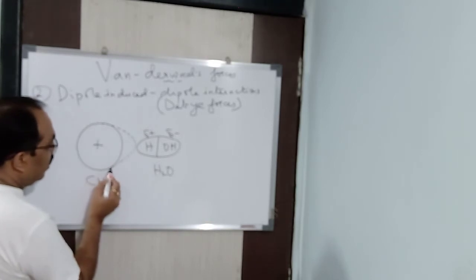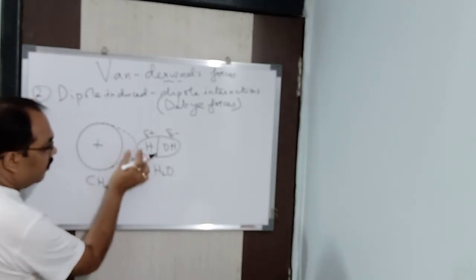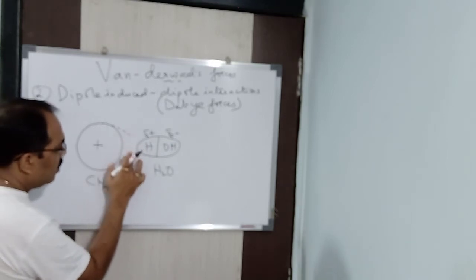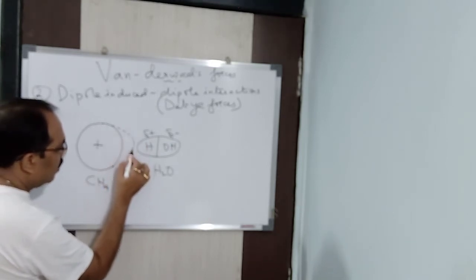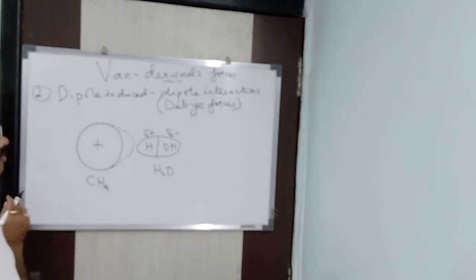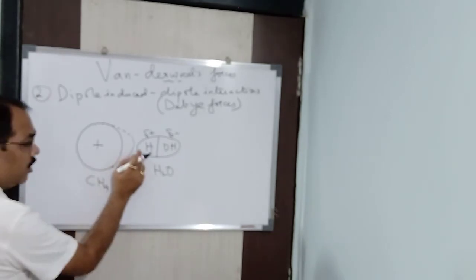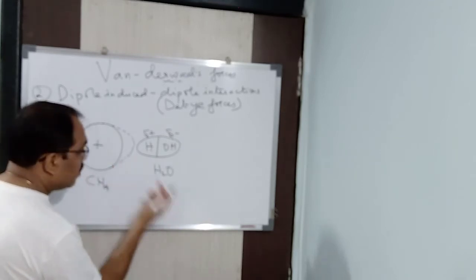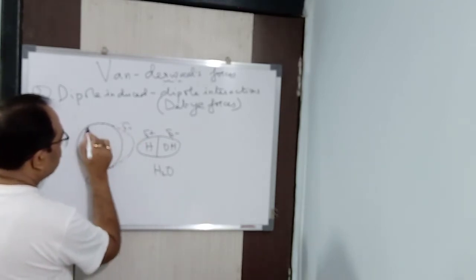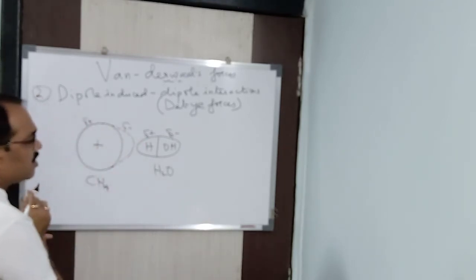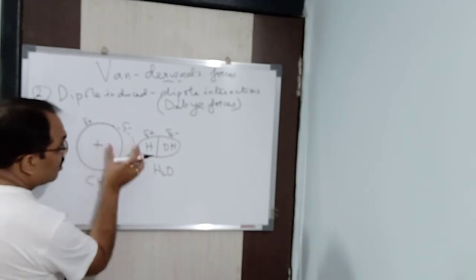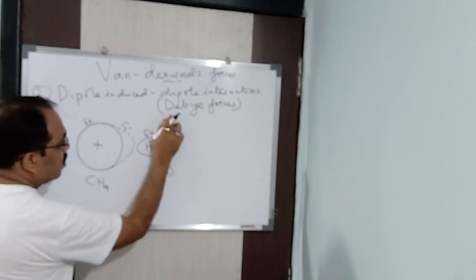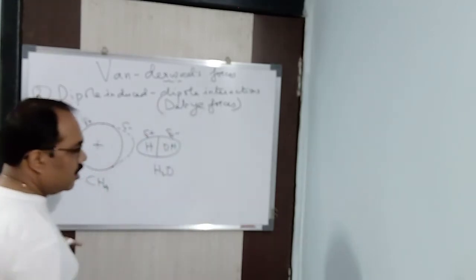See, it gets slightly polarized due to induction. When it comes very close, I don't say they are in contact with one another. If you can't see, I'll just decrease this distance a little bit. Now you can see. When it is brought very close to each other, due to induction, this non-polar molecule also gets slightly polarized. It develops del minus and this is del plus. So what are the forces which exist between this polar and the non-polar molecule known as?